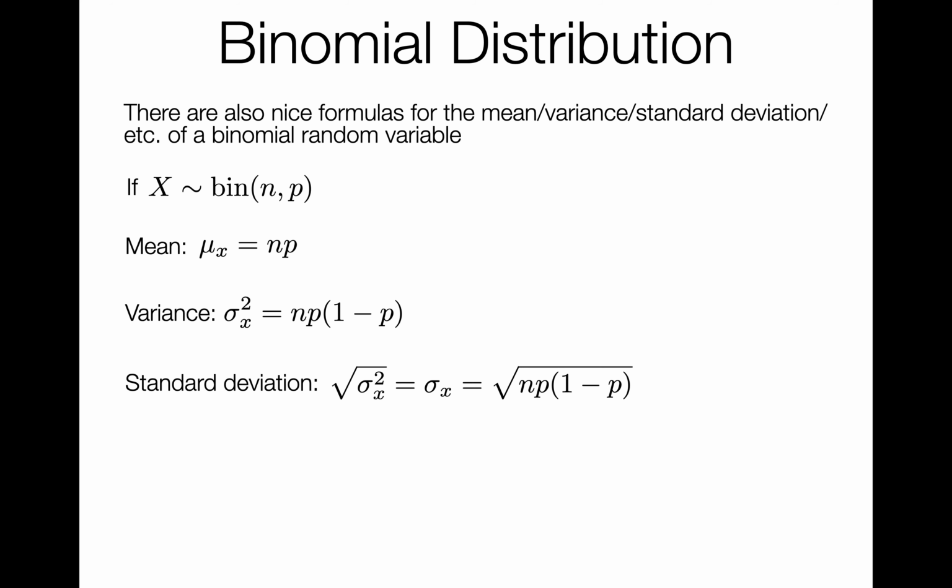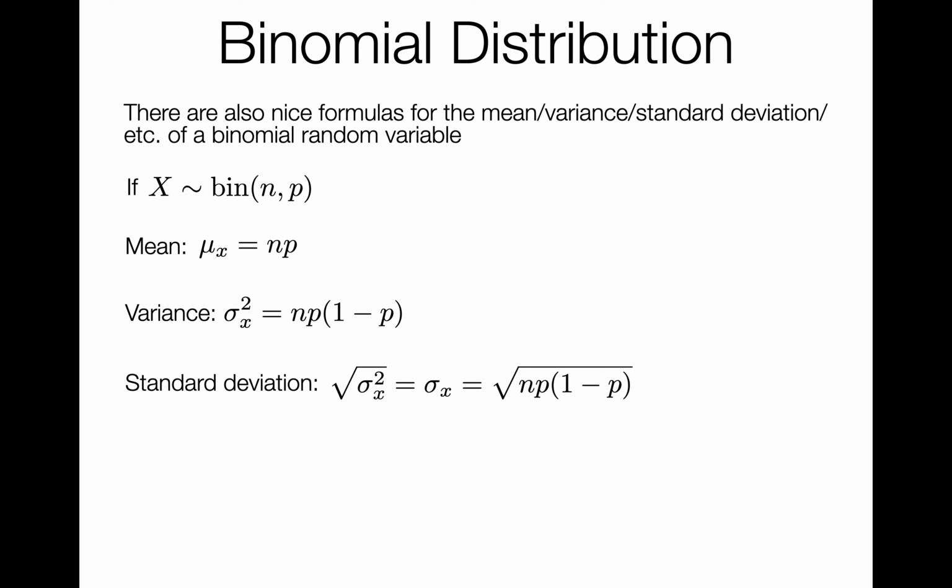It turns out that for these named distributions, people have gone through and defined a nice formula for the mean and variance or standard deviation. And so for the binomial distribution, the mean is actually n times p, and the variance is n times p times 1 minus p.